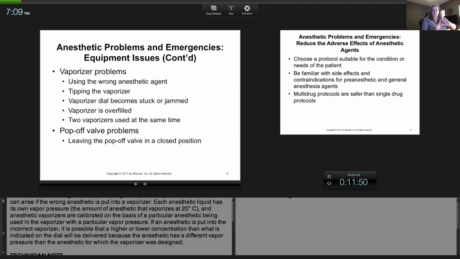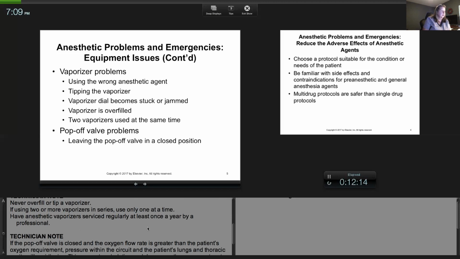Okay, so you always want to make sure you're using one or the other, and mark the one that you're using by putting tape on, and you could just move the tape back and forth. But it will run 2 agents if you have 2 vaporizers on the same machine. We don't have any of those at school, but some practices have them together.